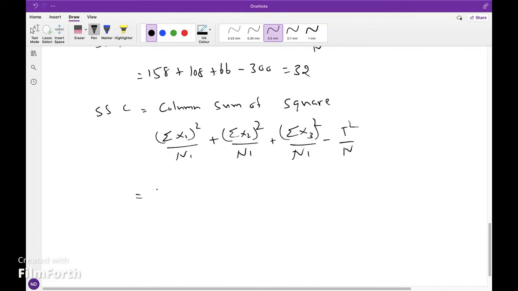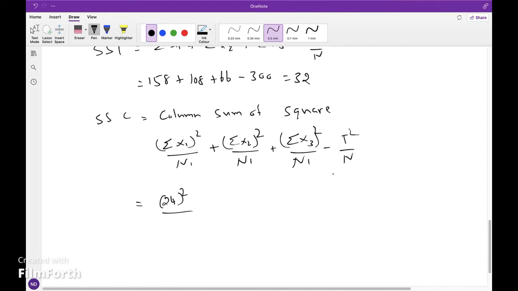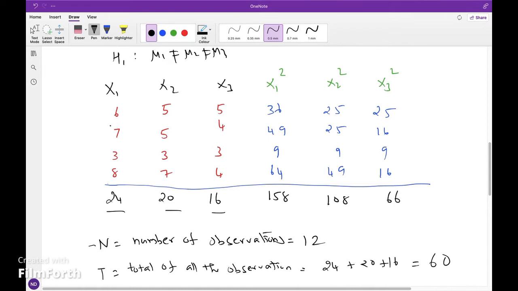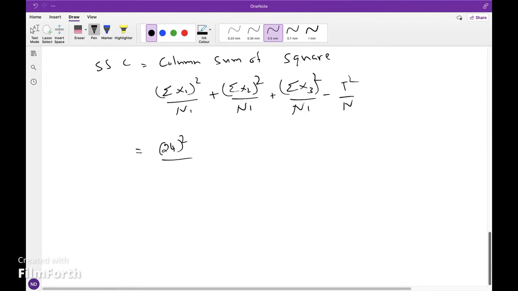That is equal to 24 the whole squared by n1, number of terms in the column. So here 24, number of terms 1, 2, 3, 4, so n1 is 4, plus 20 the whole squared by 4 plus 16 the whole squared by 4 minus 300. Using the calculator, that value is 8.